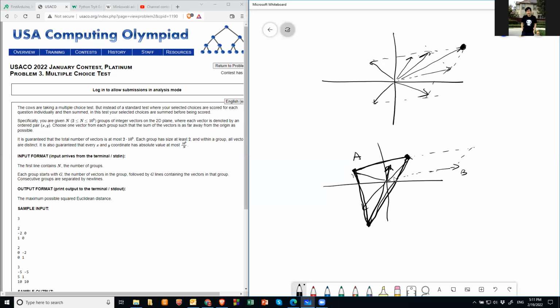Anything inside will not make it bigger, right? And you can see it from here, obviously. So that's the first observation.